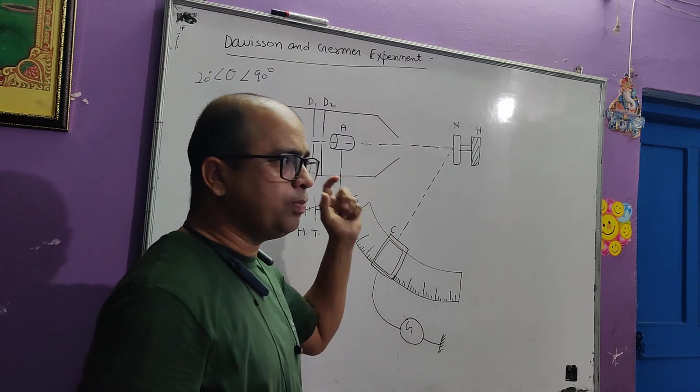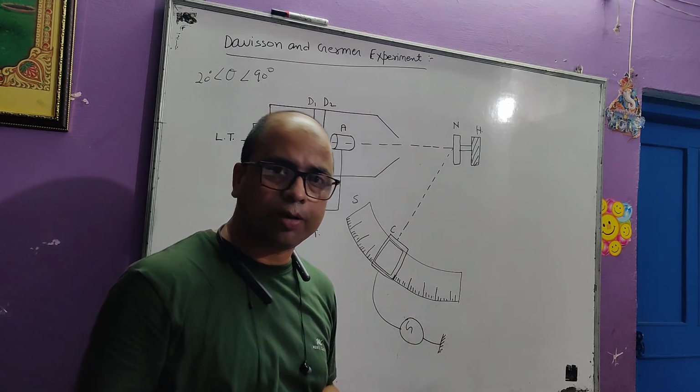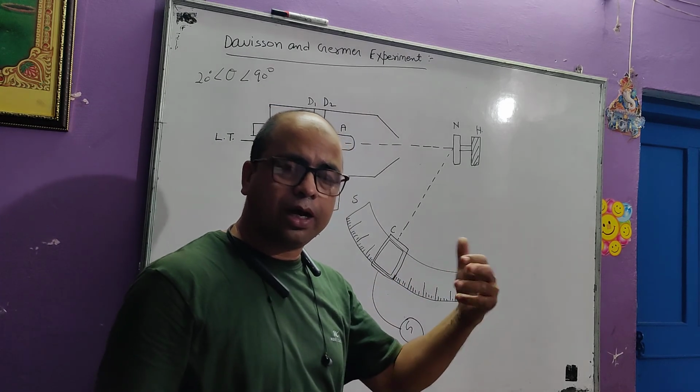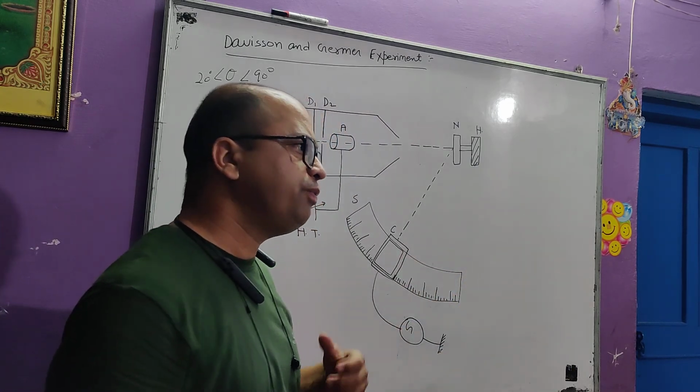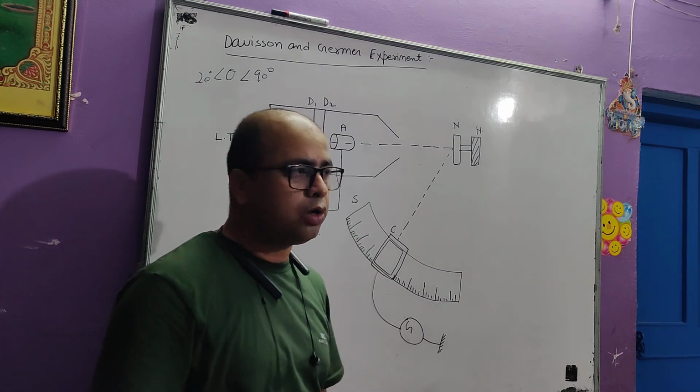Intensity of the electron beam means the number of electrons incident per unit area per unit time. We may call it current also.